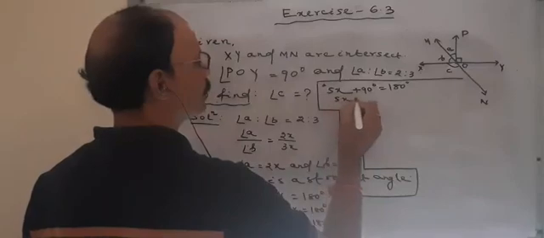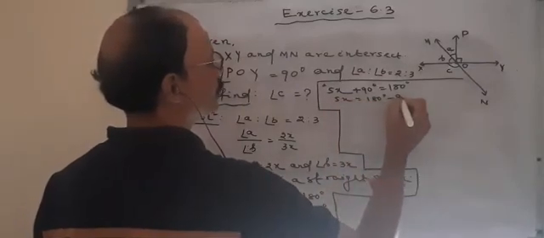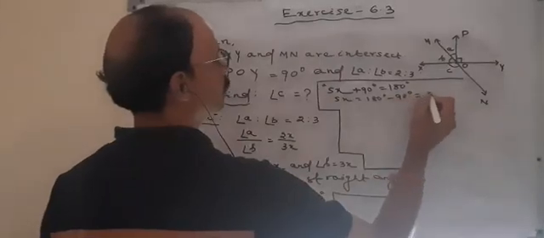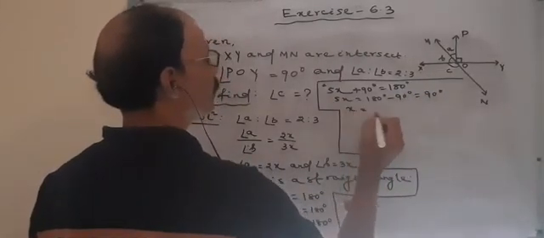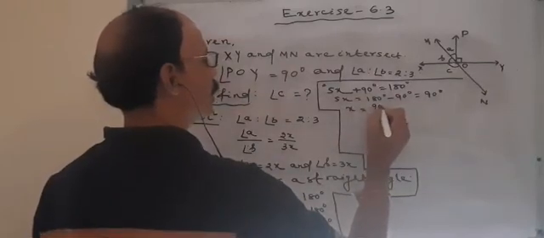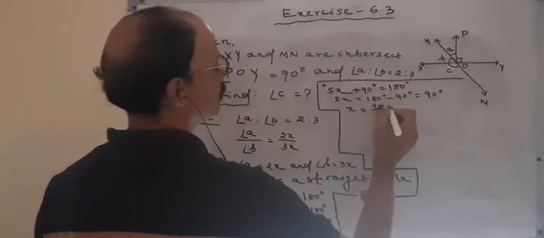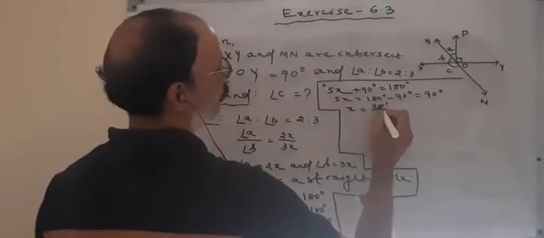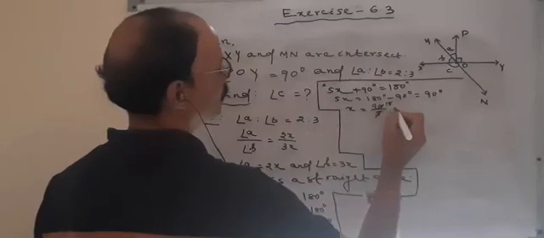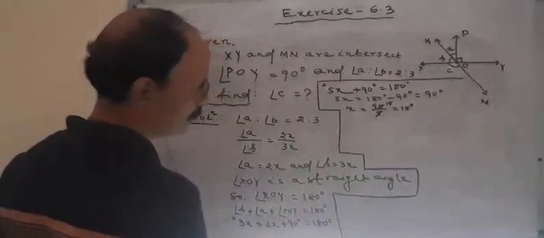So 5x equal to 180 minus 90, it is equal to 90 degree. So x will be equal to 90 upon 5. So 5 times 18 is 90. So x will be equal to 18 degree.